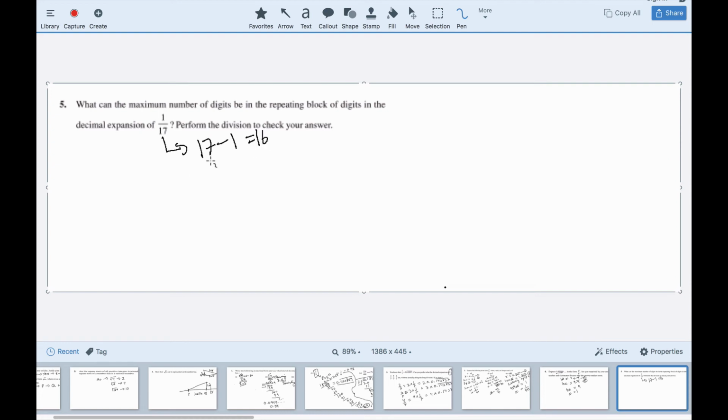And when you divide, which you can do on a calculator, you will get the answer, and obviously it will be a recurring and non-terminating decimal expansion.